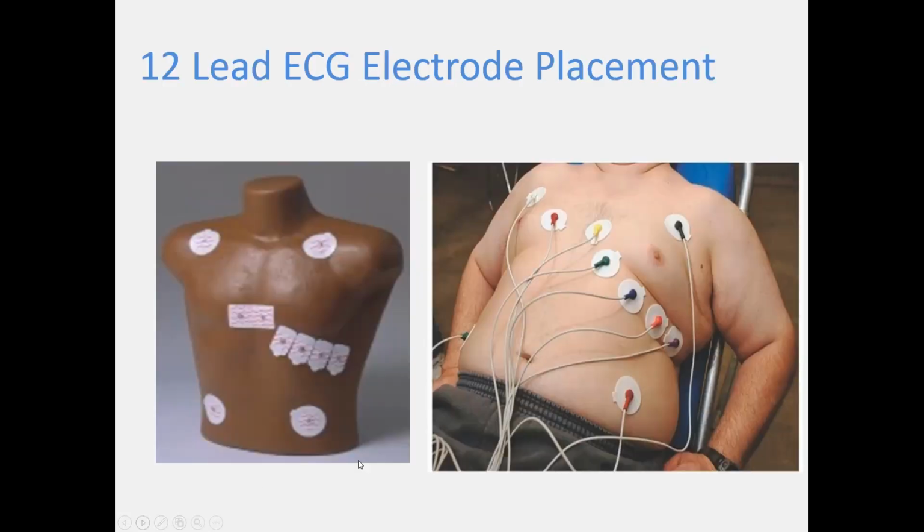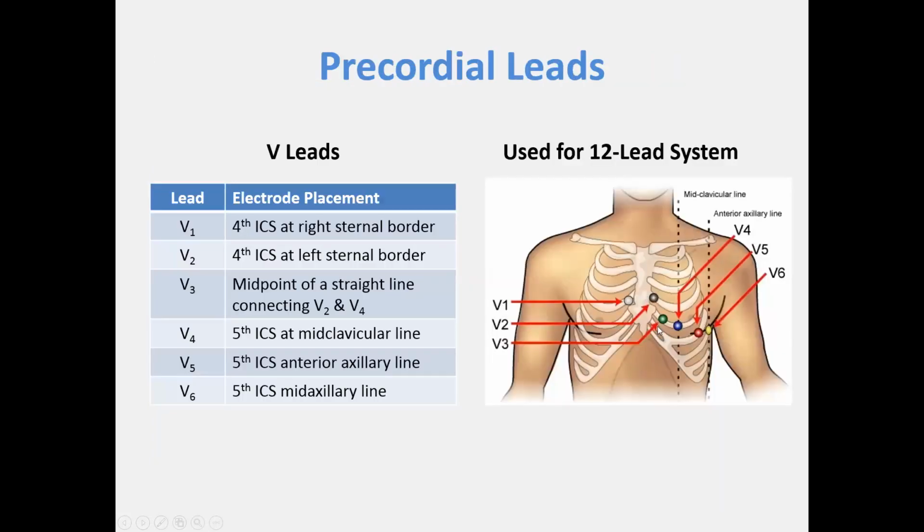But basically, if it's a female, you're going to go right underneath the breast, and you're going to wind up here in the mid-axillary line. So V1 goes here, V2, V3, V4, V5, and then V6. It's under the anterior axillary line. V6 will be at the mid-axillary line.